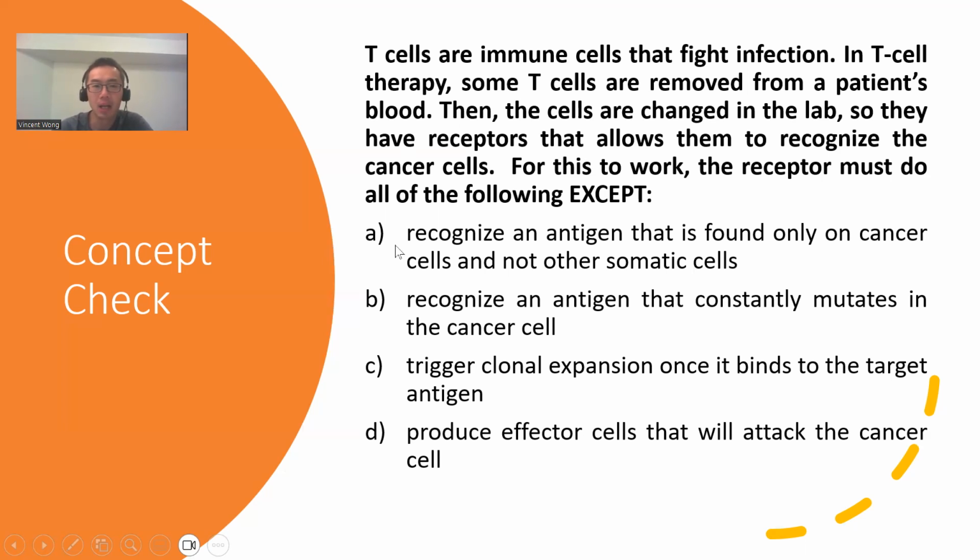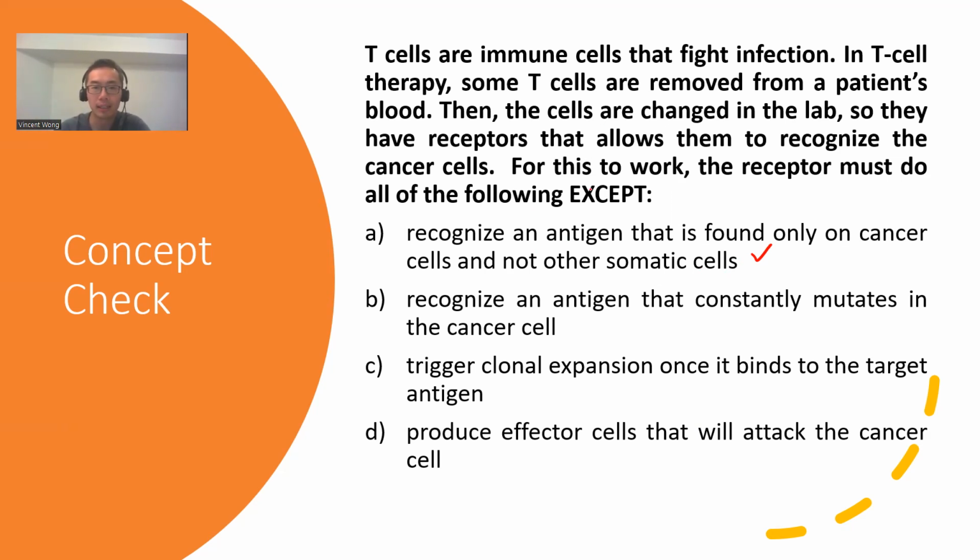Number one, recognize an antigen that is found only on cancer cells and not on other somatic cells. Somatic cells are bodily cells, right? So this needs to happen. This needs to happen because you don't want the T cell to be attacking your healthy cells, right? So it has to identify something that's unique to the cancer cells.